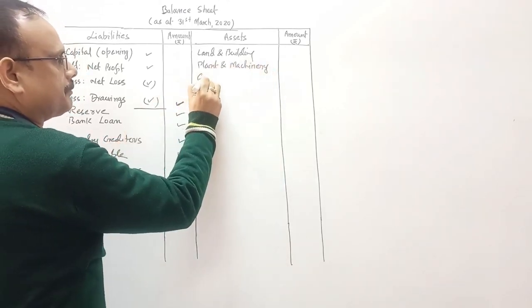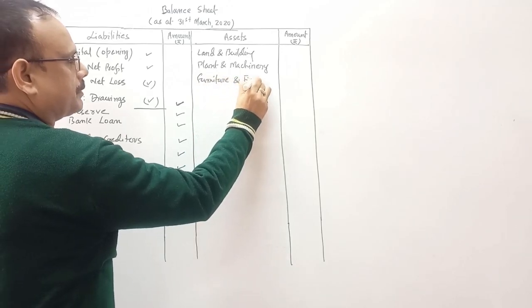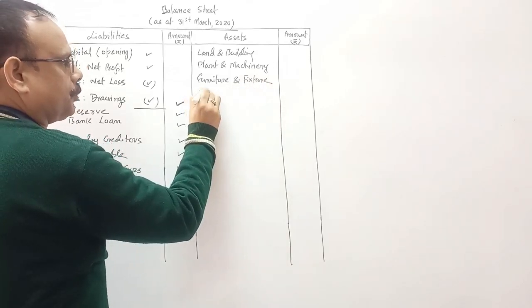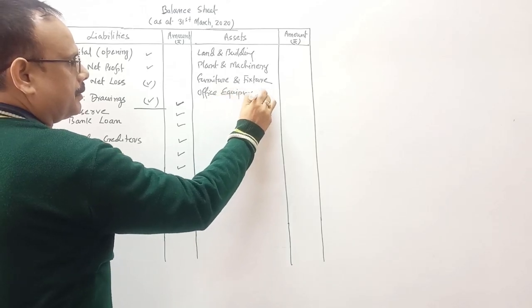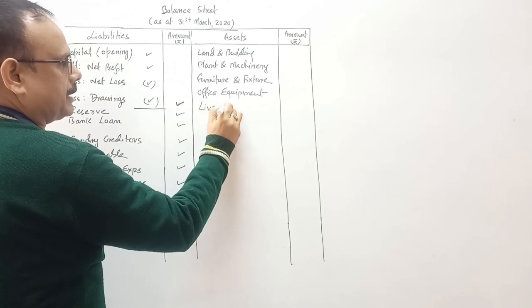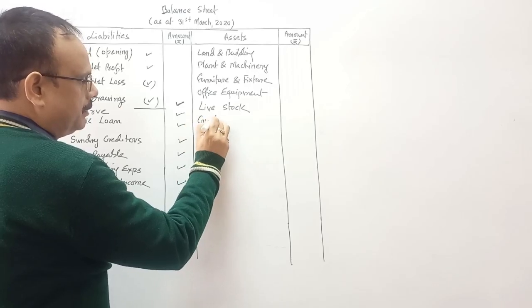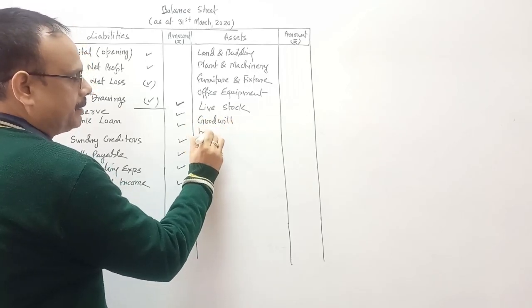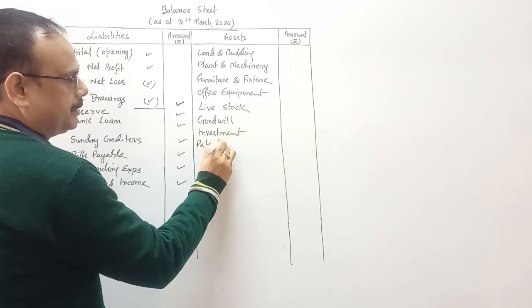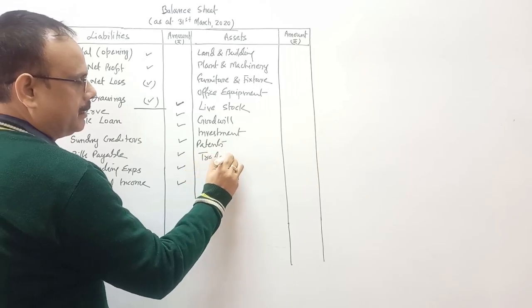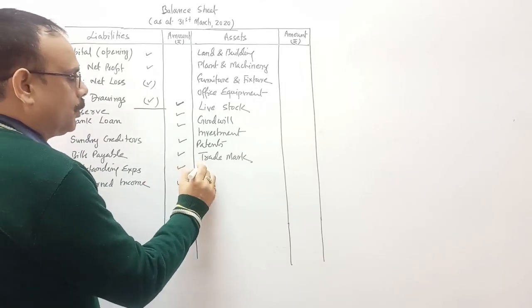Furniture and fixtures, any sort of equipment, office equipment, livestock, that is your animals if any, goodwill, investment, patents, trademark, motor car.